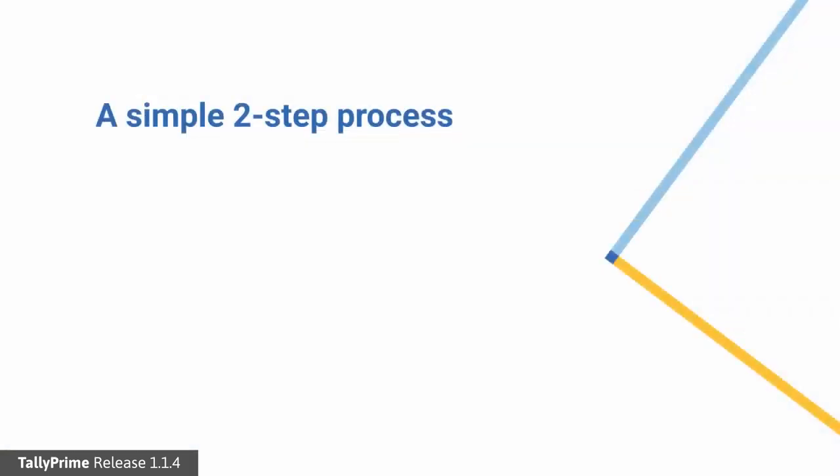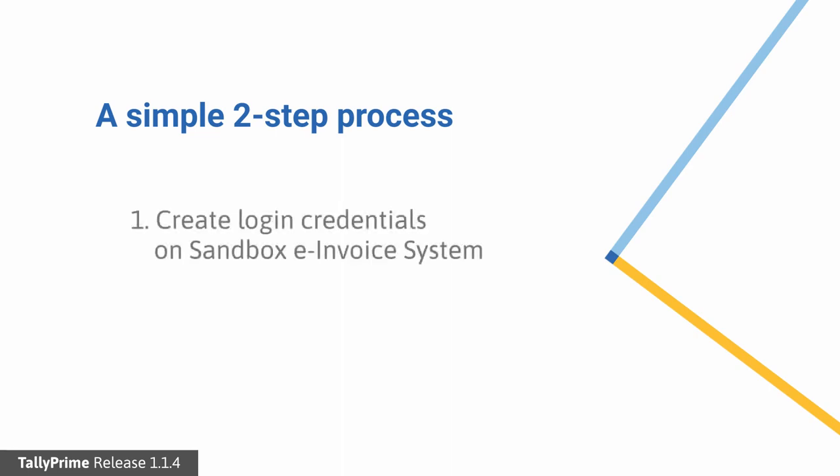Let us relook at the process of experiencing e-invoicing on the e-invoice sandbox system using Tally Prime. The first step is generating your sandbox credentials on the e-invoice API testing system.